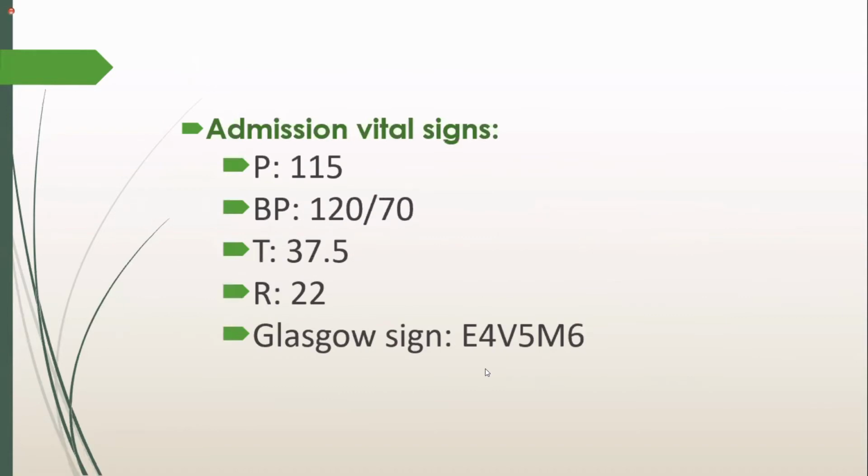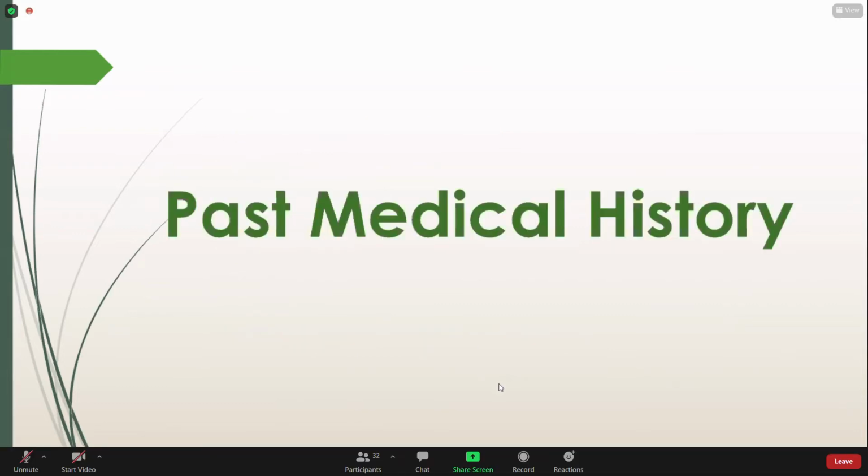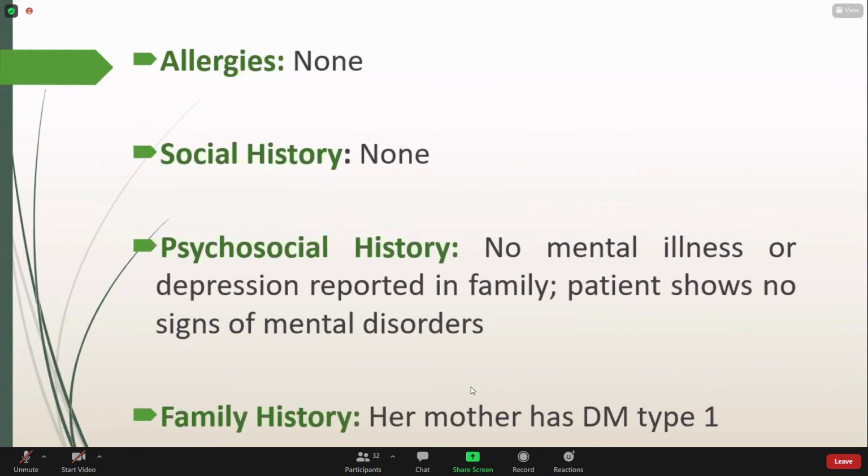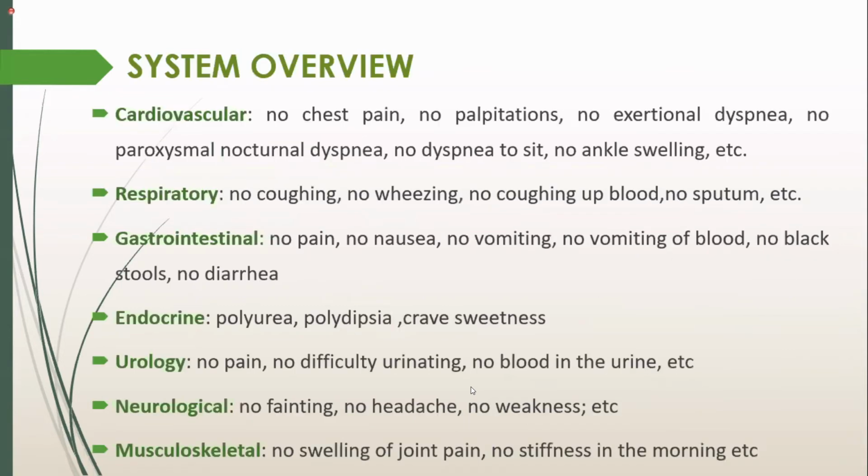This is about her vital signs. She has a high pulse and a high respiratory rate, but she's awake. Her neurological signs are normal. Her mother has type 1 diabetes, diagnosed when she was 25. In the system overview, she has polyuria and polydipsia.